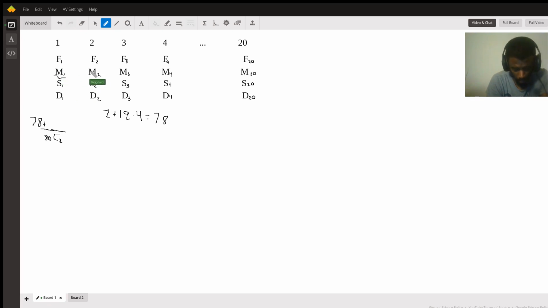So 1, 2, 3, 4, 5. So it looks like 5 plus, this time there are 18. So 18 times 4, so that's going to be 77. That's just looking at this second mother, so plus 77.